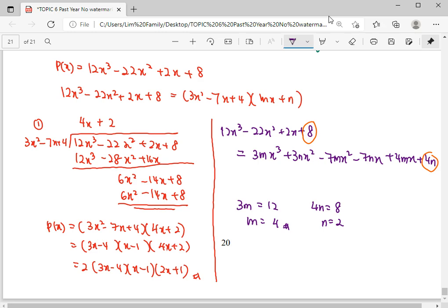Then we can also factorize our polynomial completely: one factor is quadratic and another factor is linear. So the procedure is still the same. Factorize out the value of 2, and then factorize the quadratic completely.